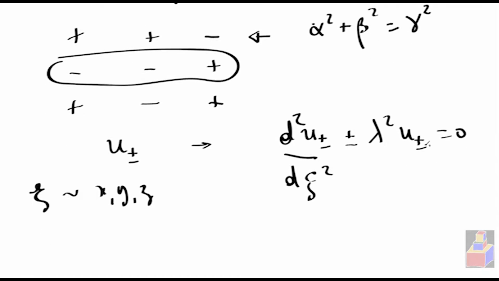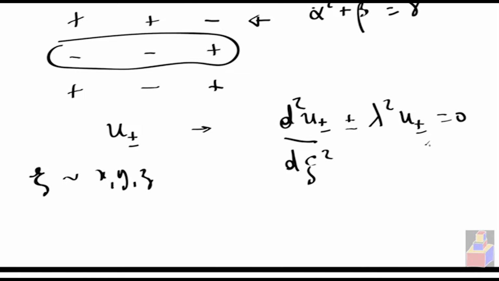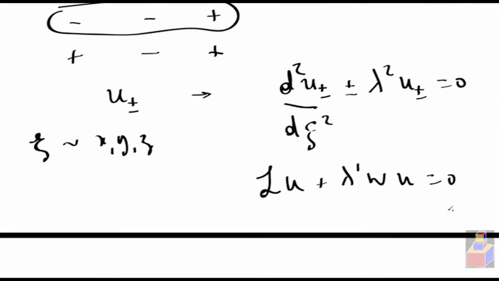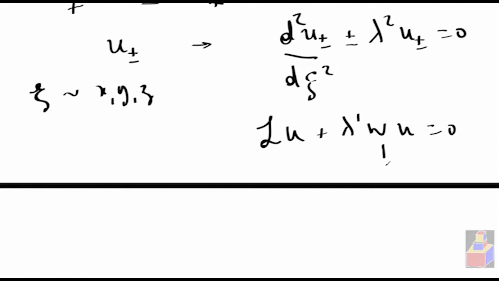So if we compare this with what we had in our last lesson, the Sturm-Liouville theory, we have an eigenvalue equation which is very similar to this one. Okay, we had something like this: L operator times u plus an eigenvalue, let's call it lambda prime, times the weight function w times u equals 0. And recall that w had to be a positive function. A function of x could be a constant, for instance.